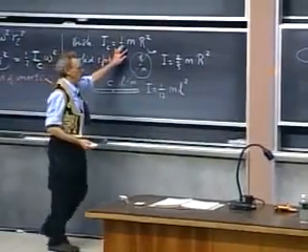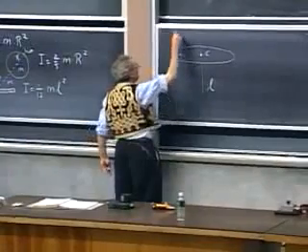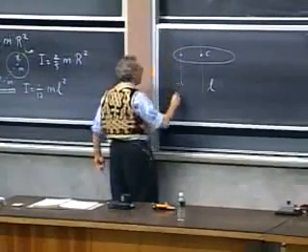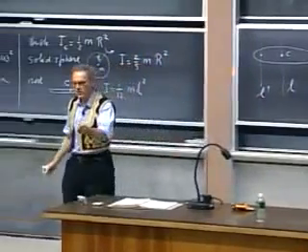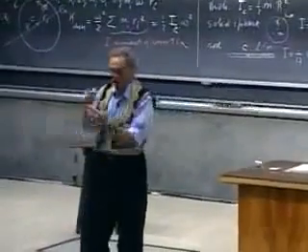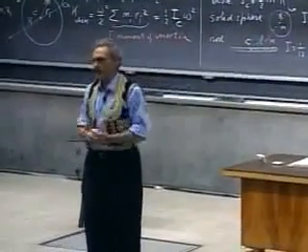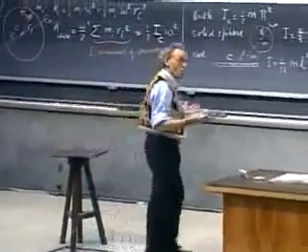This is the moment of inertia. But now I'm going to drill a hole here, and I have an axis, L prime, which is parallel to that one. And I'm going to force this object to rotate about that axis. I can always do that. I can drill a hole, I can have an axle, a nicely frictionless bearing, and force it to rotate about that. What now is the moment of inertia?